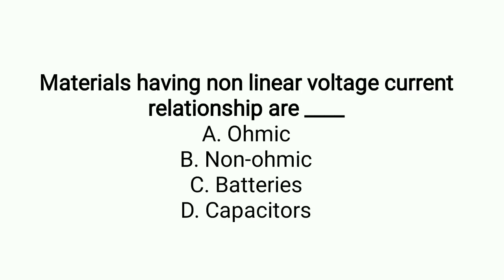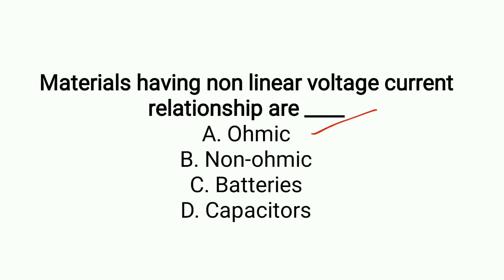Next question, materials having a non-linear voltage-current relationship are: option A ohmic, option B non-ohmic, option C batteries, option D capacitors. See, the materials which obey Ohm's law, we call ohmic, and those which do not obey Ohm's law, like here they have given non-linear.